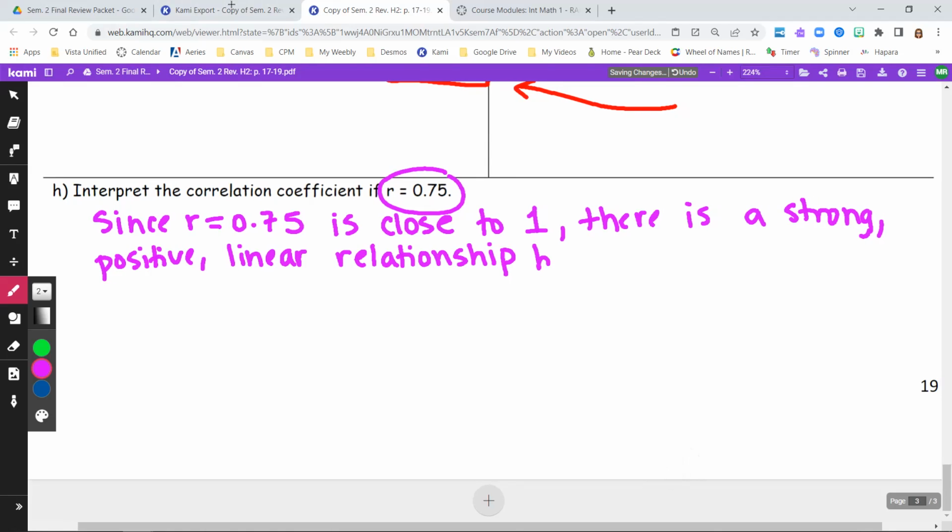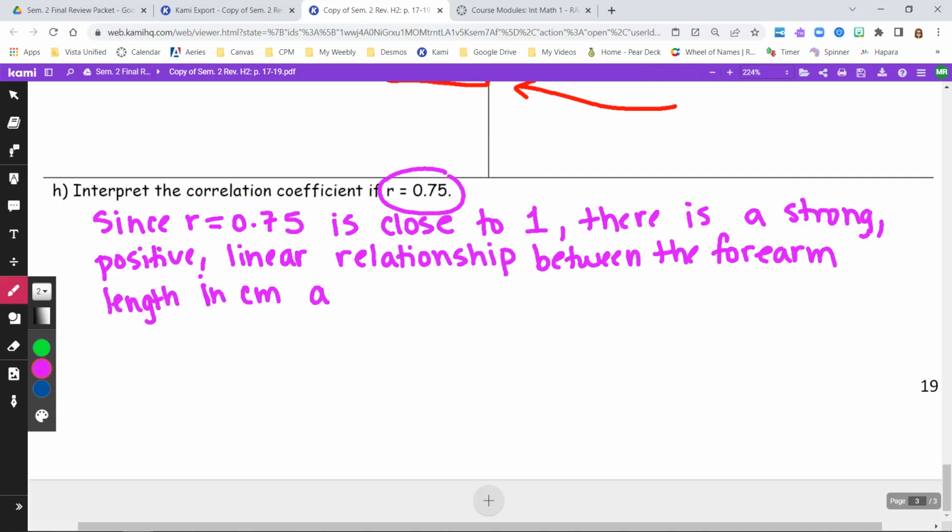So, relationship between the forearm length in centimeters and a person's height in centimeters. And that's the end of this video.